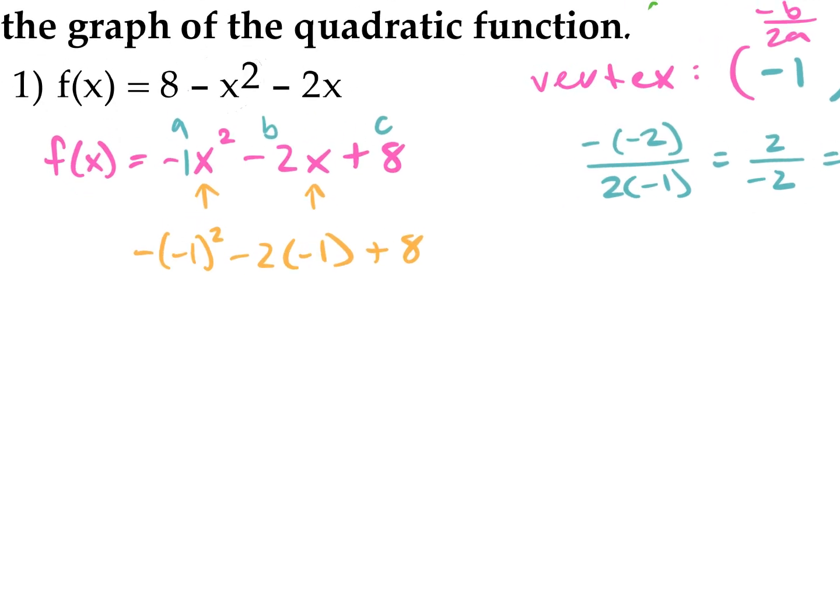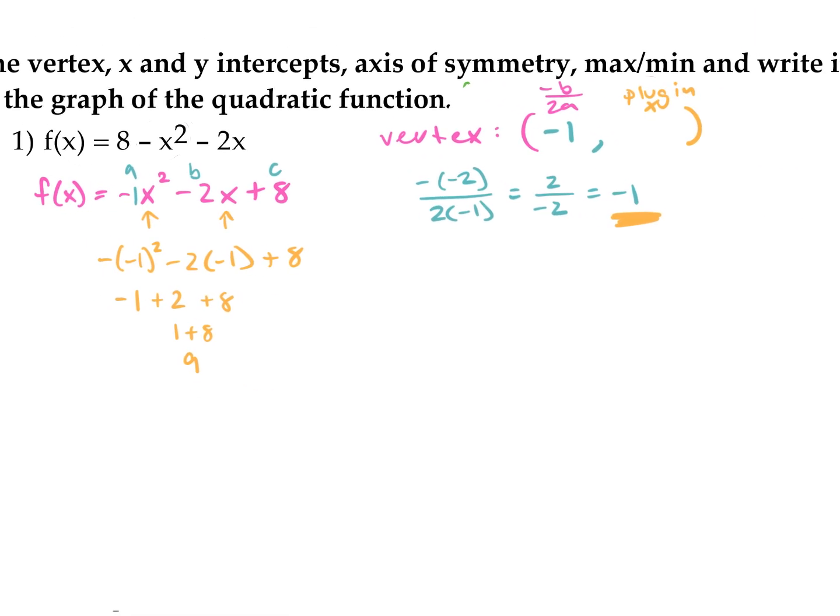You have to square the negative 1 first before you multiply by the negative on the outside. So negative 1 squared would be positive 1. Positive 1 times negative 1 would be negative 1. Plus 2 plus 8. So this would be 1 plus 8, which would be 9. So the y value in our vertex is 9.